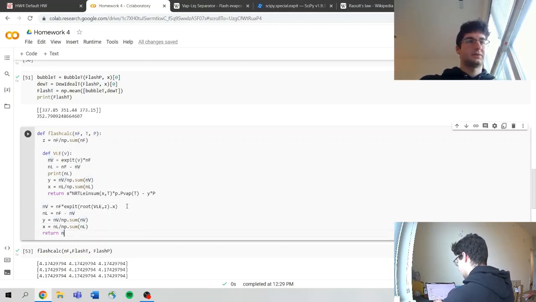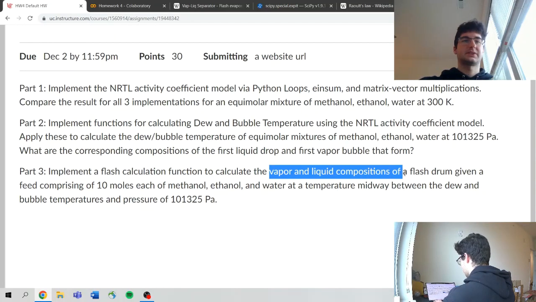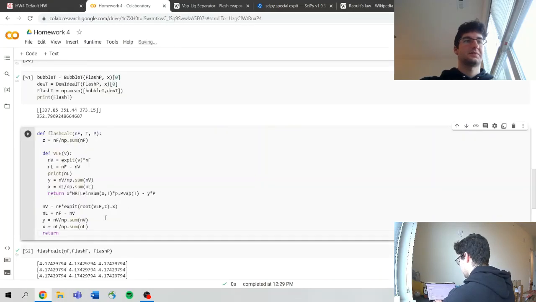Okay, and what we want to return is, what are we asking for? It's asking for vapor and liquid compositions. So let's give them that. So it wants x, it wants y.